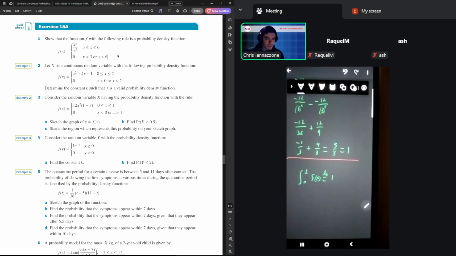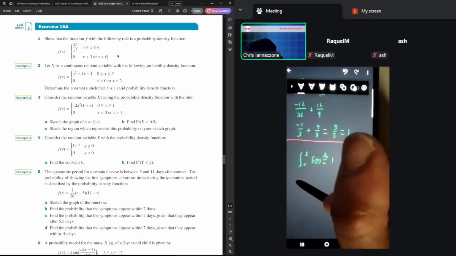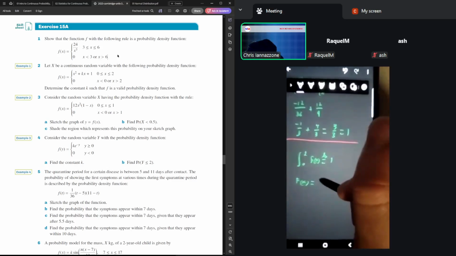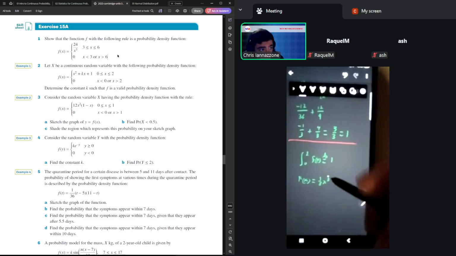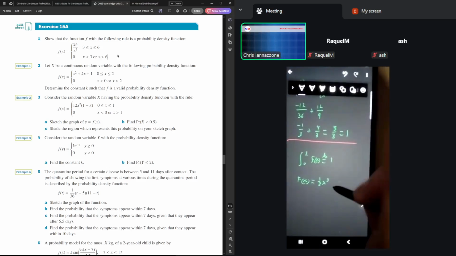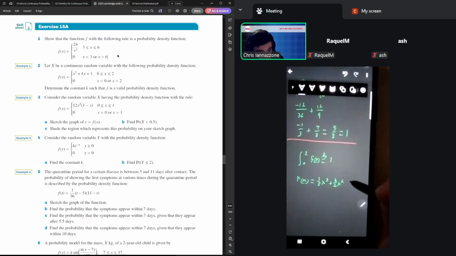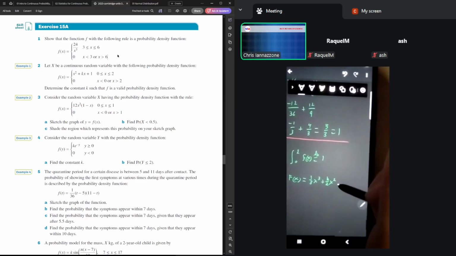So we're going to anti-diff. Once again, capital F of x: x squared is going to go to a third x cubed, kx is going to go to k on 2 x squared, and plus 1 is going to go to plus x.